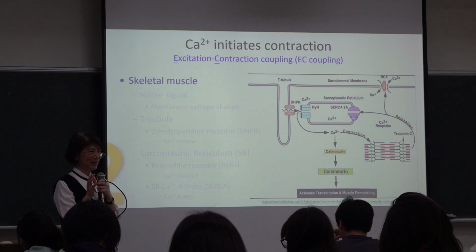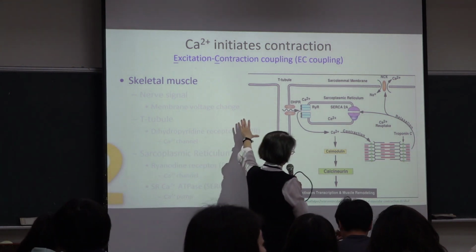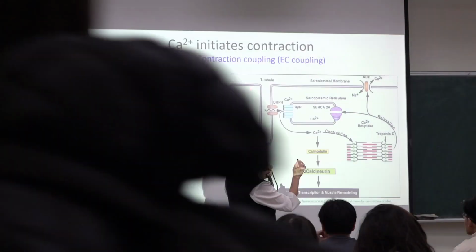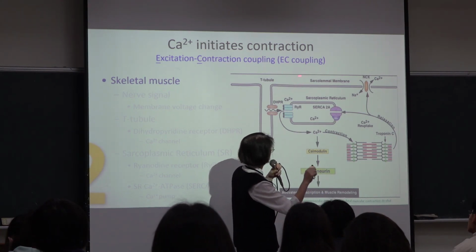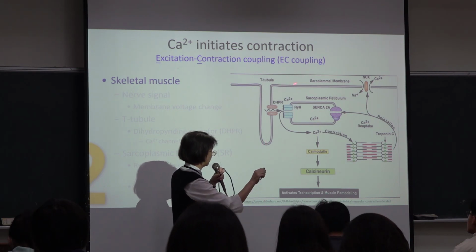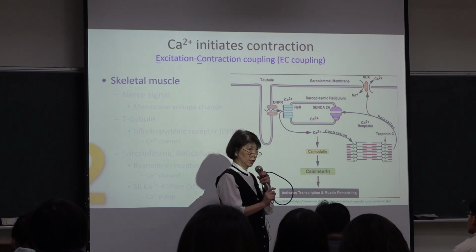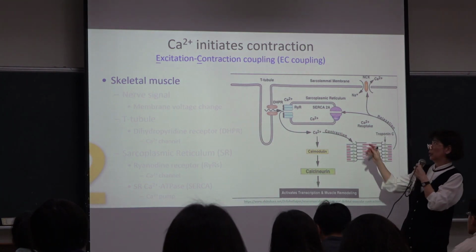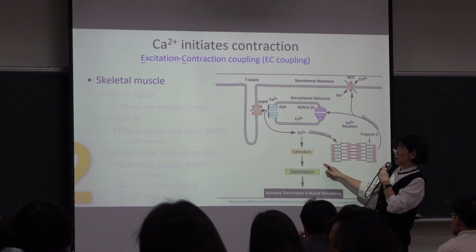Okay, so what happens when the nerve signal comes, right? Here's another diagram of your skeletal muscle tissue. This is the sarcolemma membrane, the cell membrane, continuous with the T-tubules. And in here, there's an organelle, sarcoplasmic reticulum, also called ER, right? And other muscle proteins, okay?